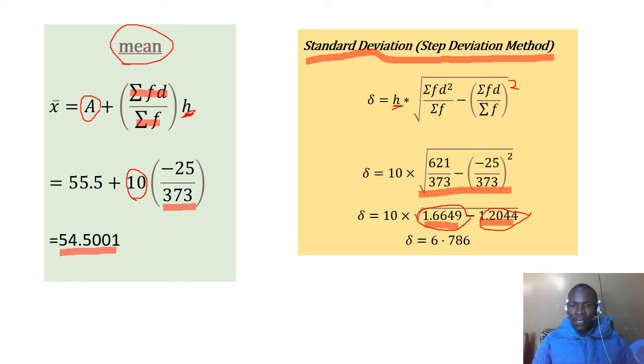Now the square root will give us around 0.6786, but then that value will multiply by 10. When you multiply by 10, we get 6.786. You have just succeeded in calculating the standard deviation using step deviation formula.